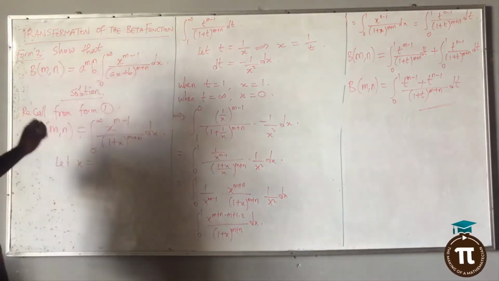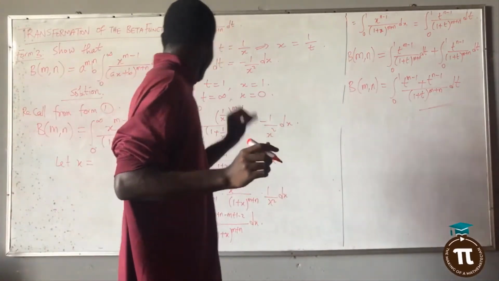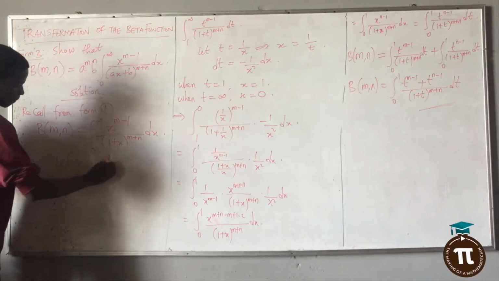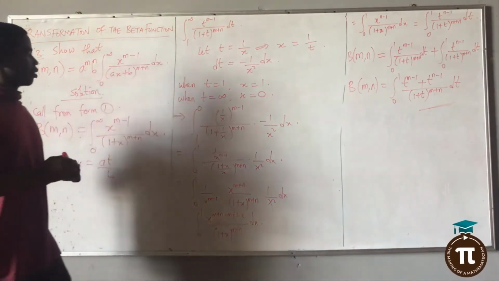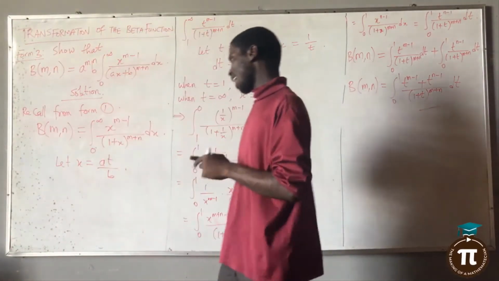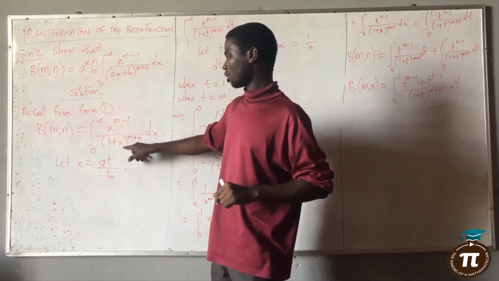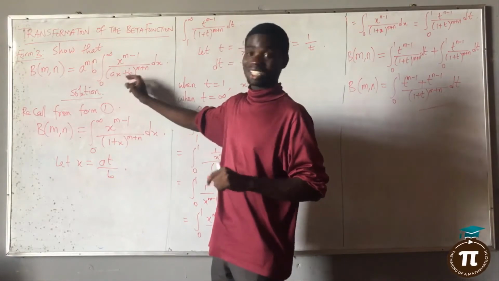In this case, this is the substitution we are going to be using. Let x be equal to at over b. This is the idea: we want to make this one resemble something like this.